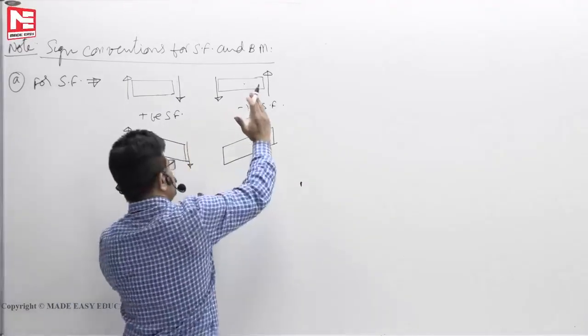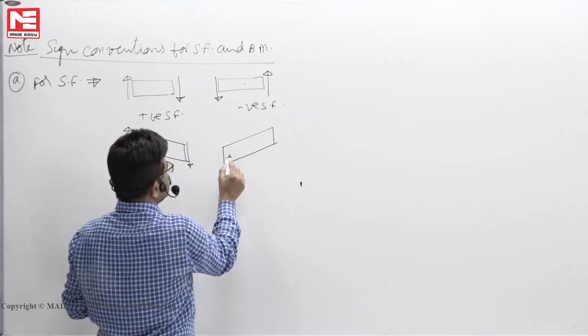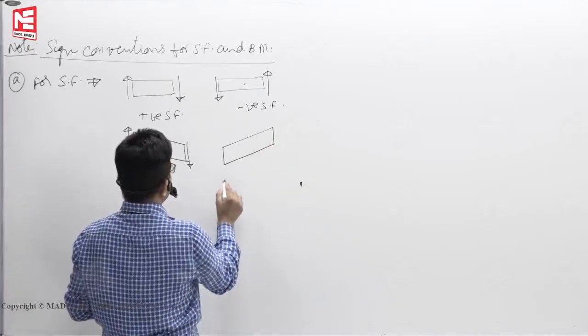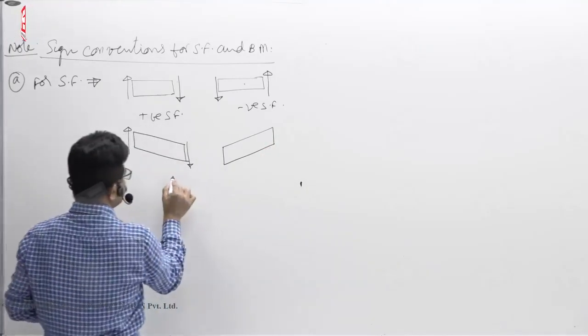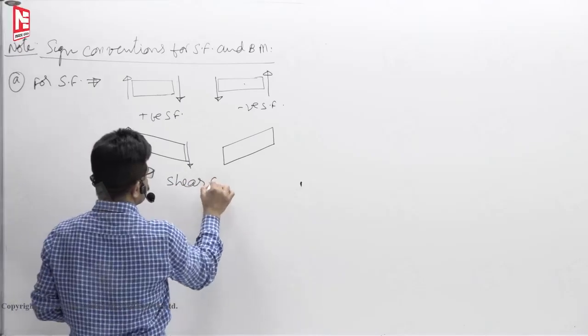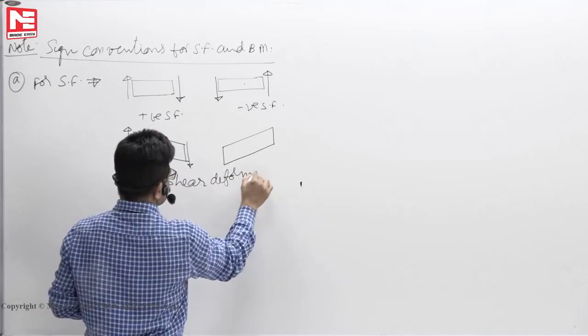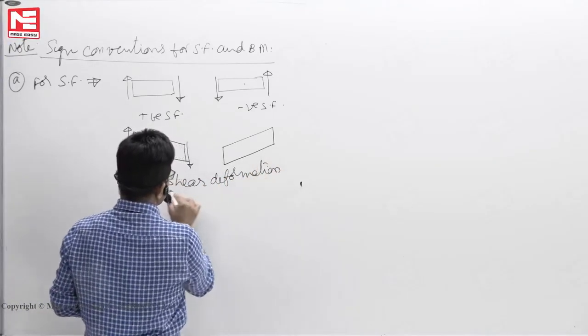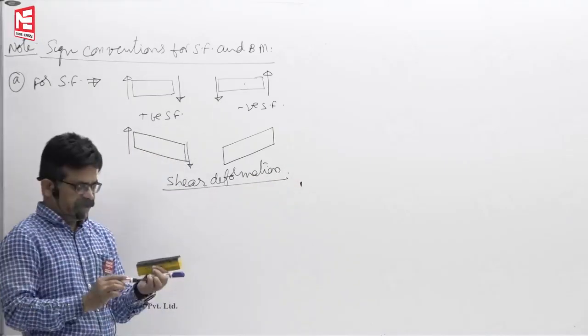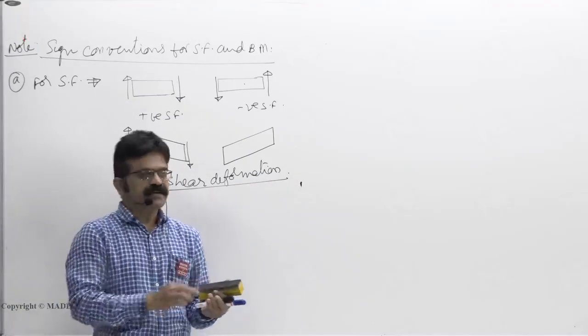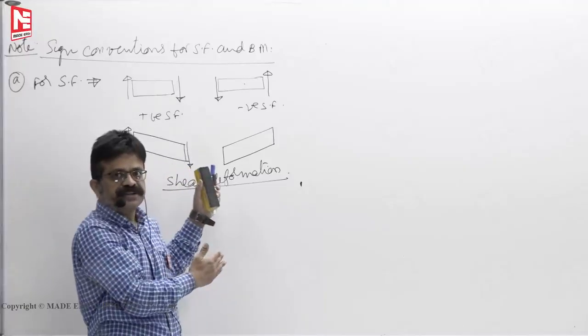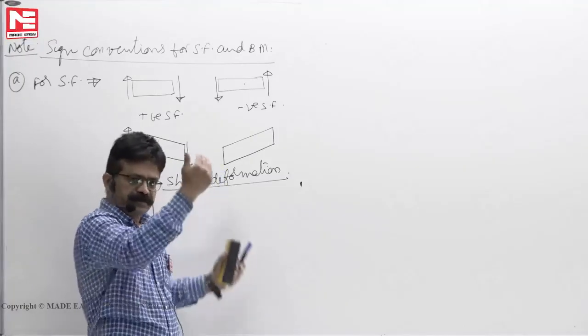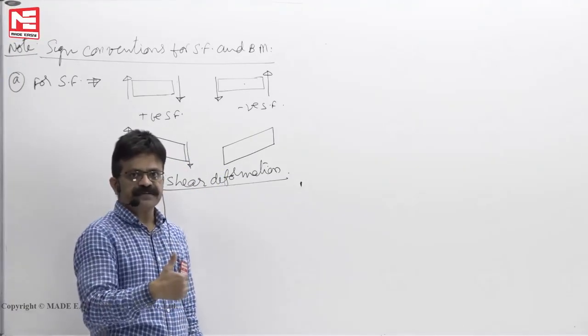The axis only will rotate like this. Okay, this is negative shear force. This is shear deformation. In strength of materials, because of this shear deformation, the beams will deflect.